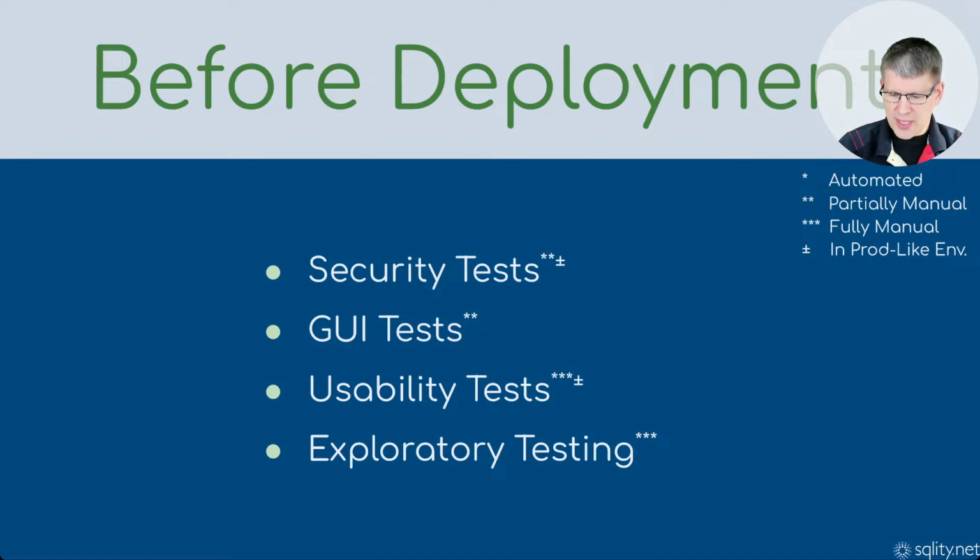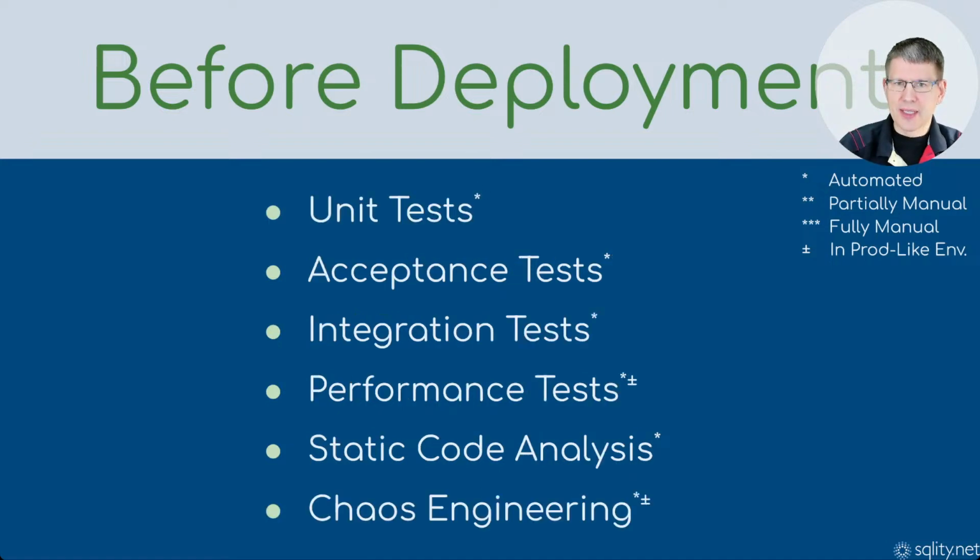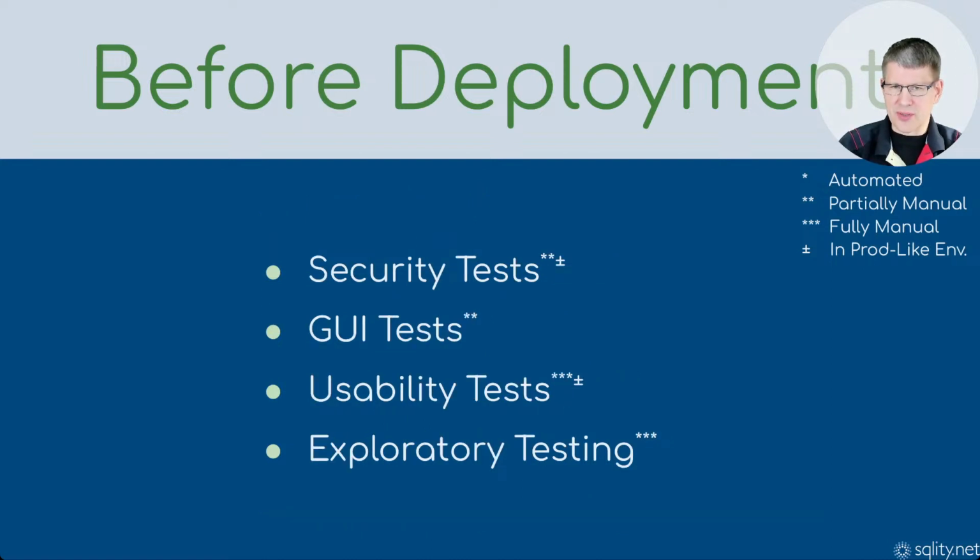How many are that? 9, 10? 10 types of tests is what I think you should execute before deploying to production every time. With maybe the exception of the usability test, maybe you can do that less frequently than every time, but everything else should be executed every time before you deploy to production.